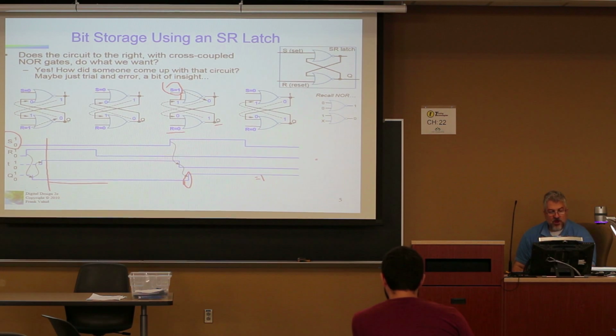When we turn off the reset, we have our ready-to-go SR latch. And as soon as we give it a 1, we actually store that 1. No matter what S becomes, we still have stored it.